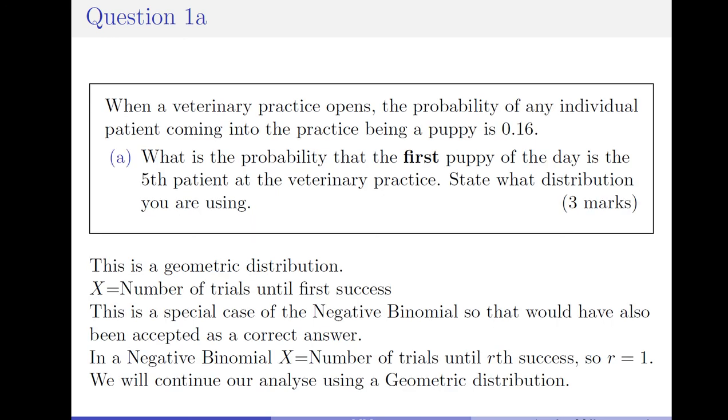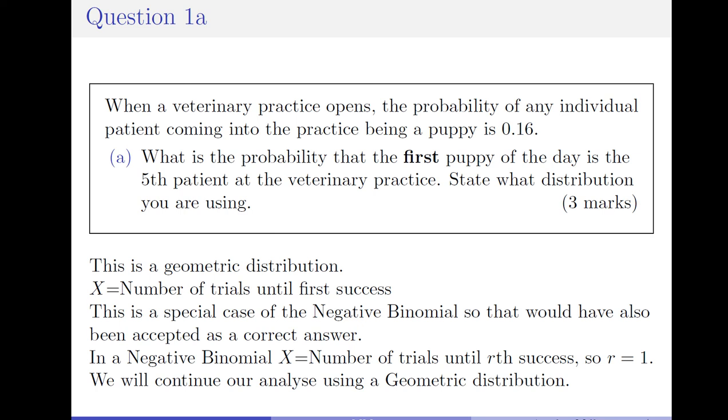So the distribution here is the geometric distribution. Now you'll recall the geometric distribution has the random variable x, where x is the number of trials until first success. The special thing about this is it's a special case of the negative binomial distribution, so we would have also accepted the negative binomial distribution as the correct answer.